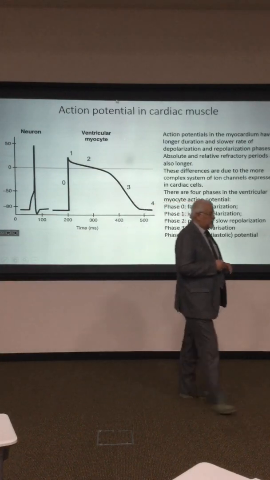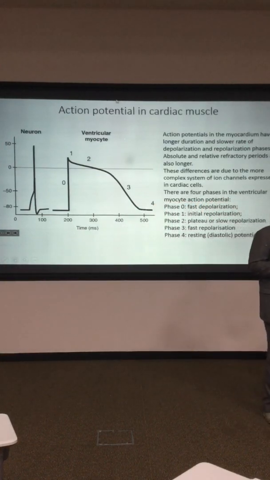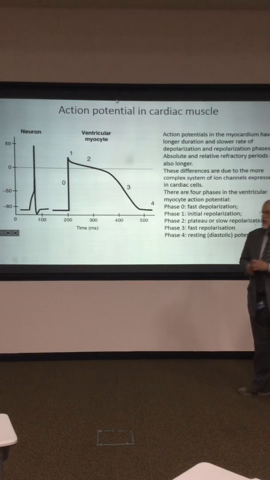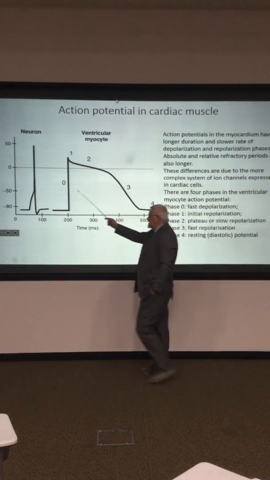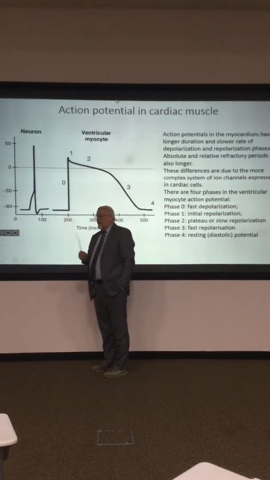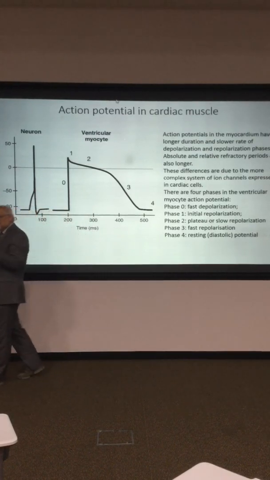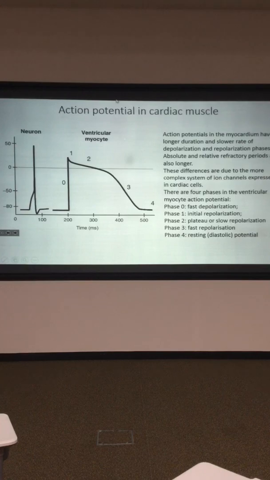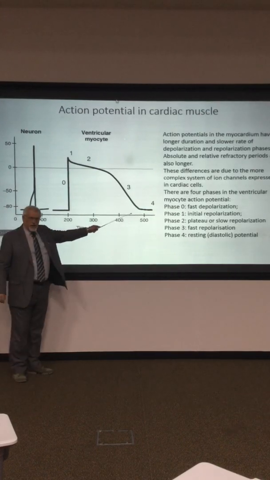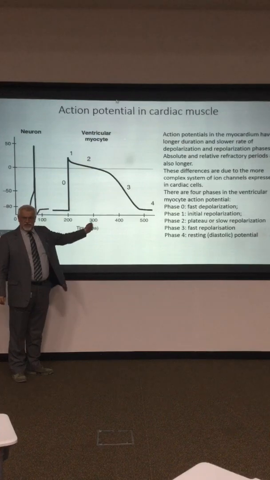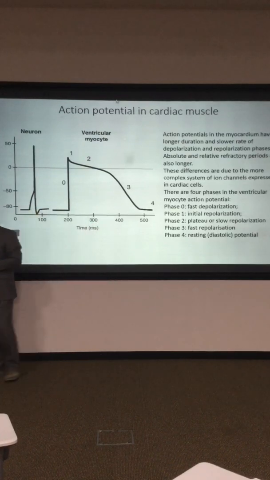So cardiac myocytes generate a very long action potential. If neurons generate action potentials lasting from half a millisecond to a couple of milliseconds in different fibers, different durations, but everything is within 2, say 3 milliseconds, then these ones are about 300 to 400, 500 milliseconds, so pretty long.